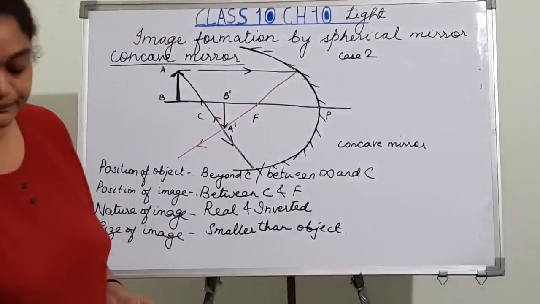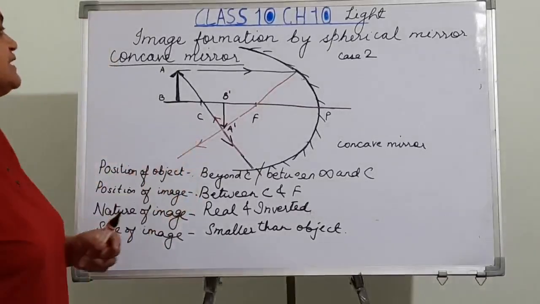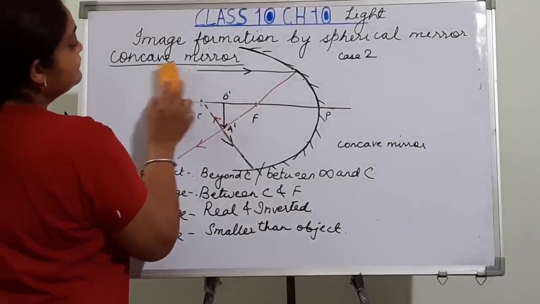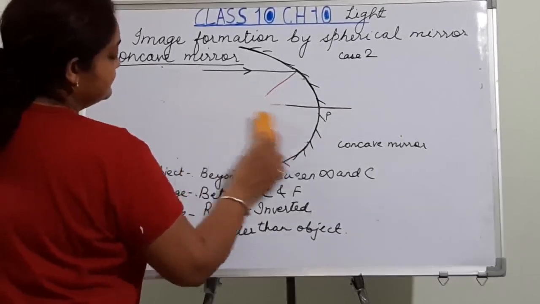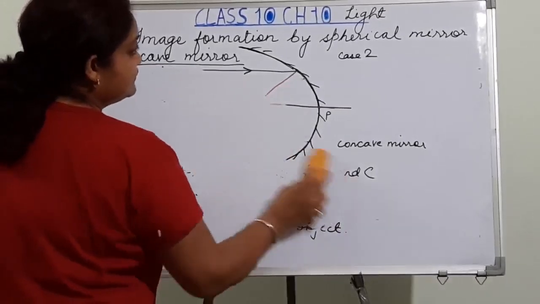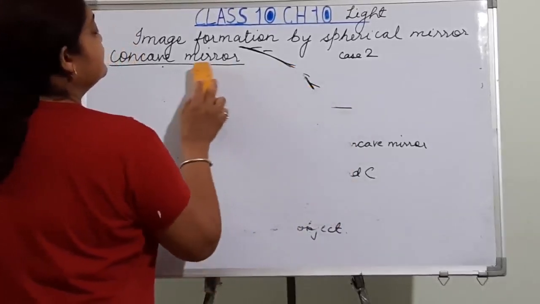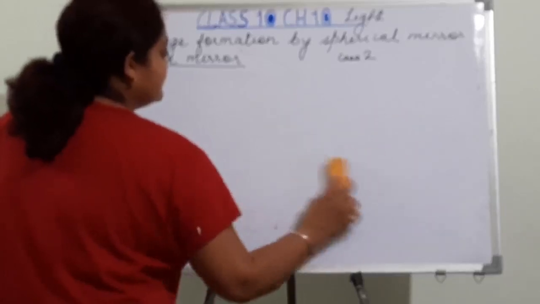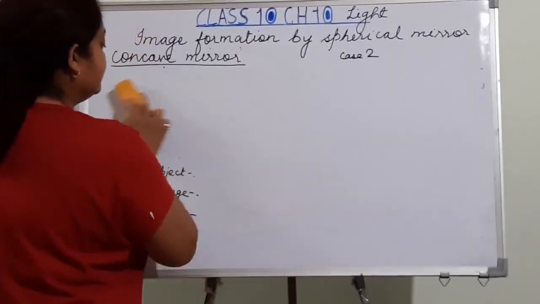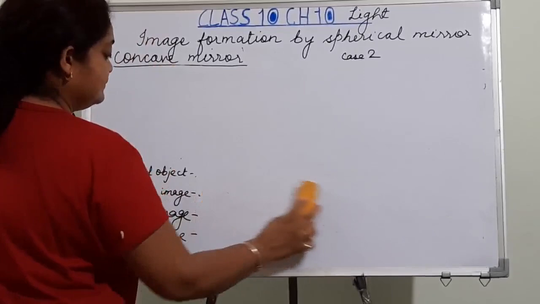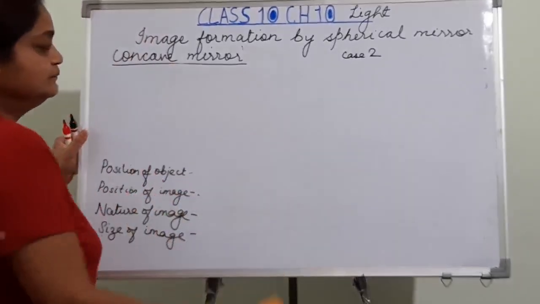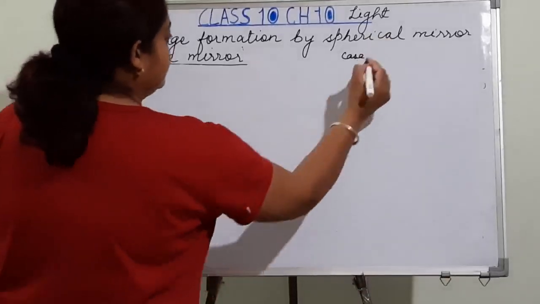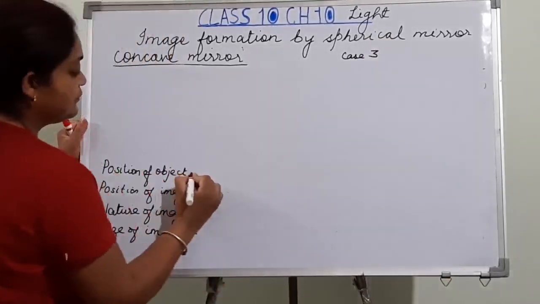Next is when the object is placed at C. What is the position of object?